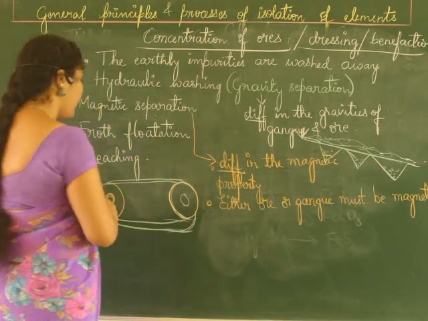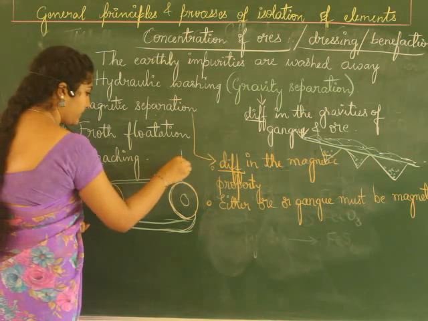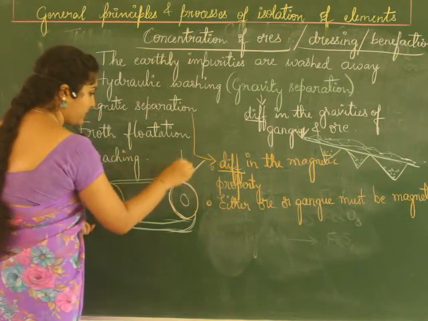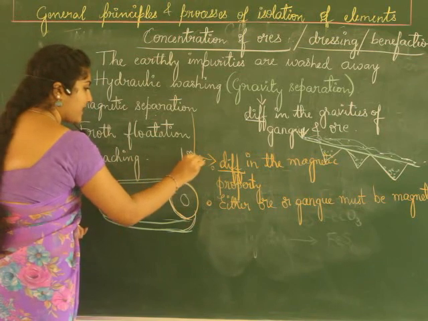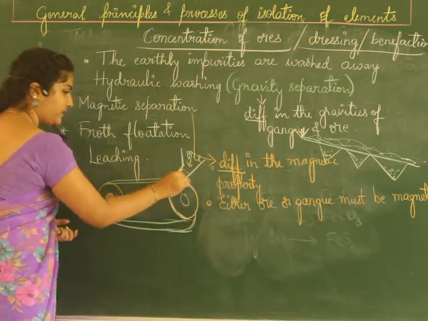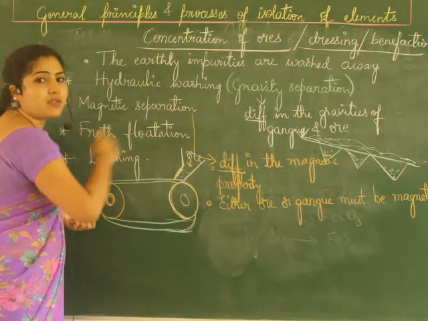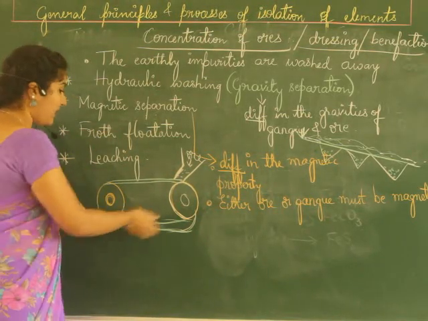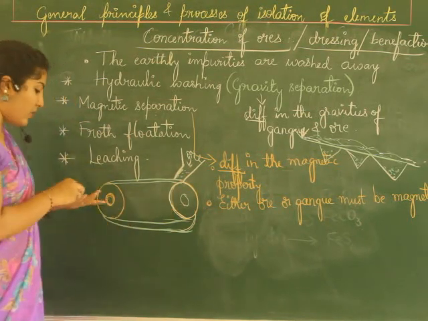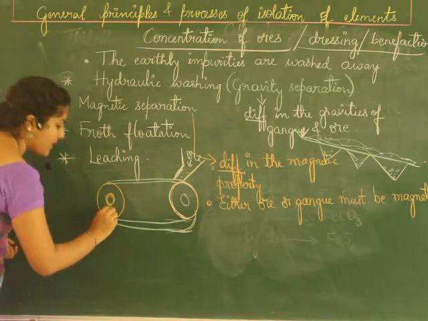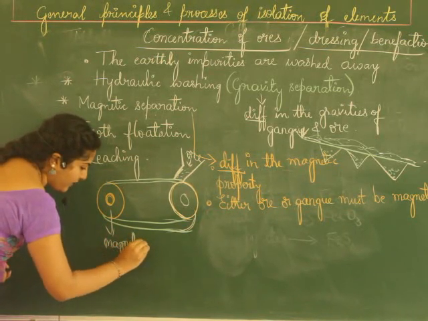This is a conveyor belt. Here what is done? The ore particles are added. Now this roller starts, when the wheel rotates, one is what? This is the magnetic roller.